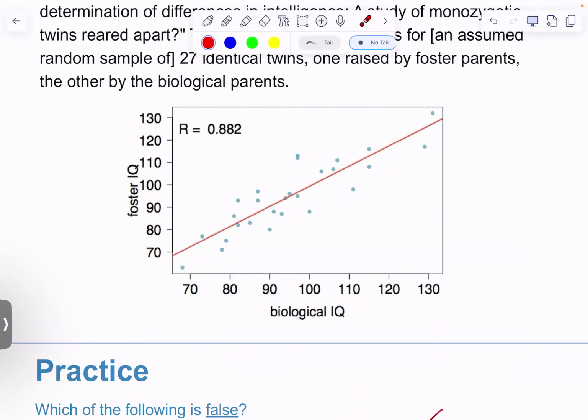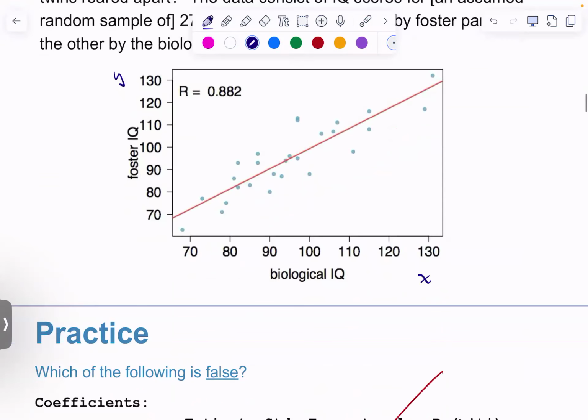So we've got foster IQ and biological IQ. Foster IQ is on the y-axis, right? And the biological IQ is on the x-axis. Which means that in your Excel spreadsheet, you would have your bio IQ in one column, and you'd have your foster IQ in another column.